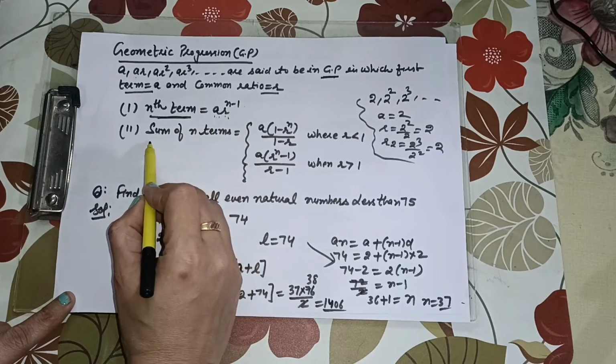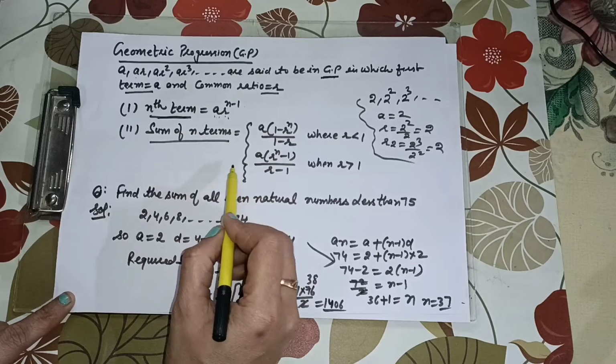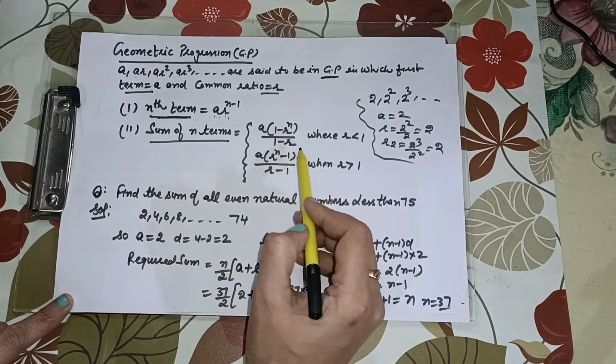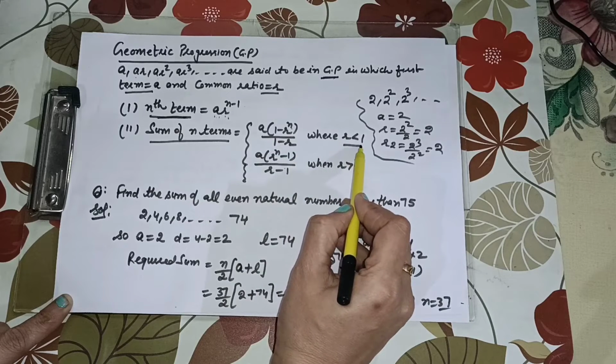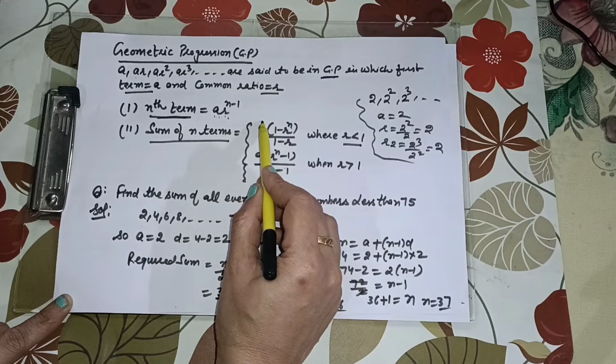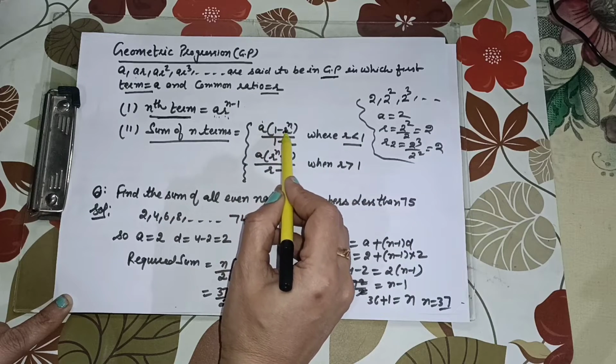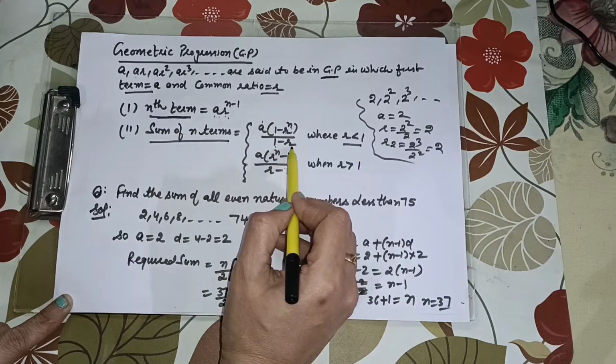If we want to find the sum of n terms, there are two formulas. If r is less than 1, that means the common ratio is less than 1, then we will use the formula a(1 minus r to the power n) over 1 minus r.